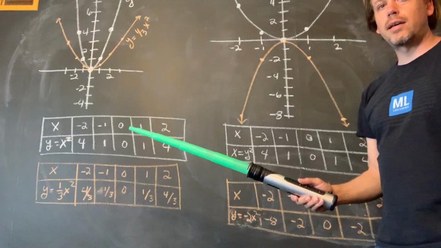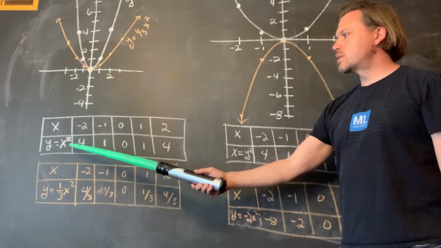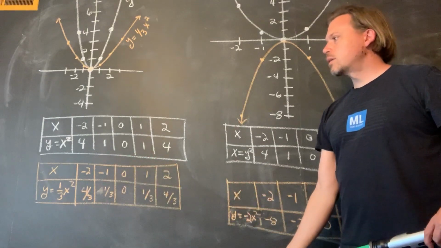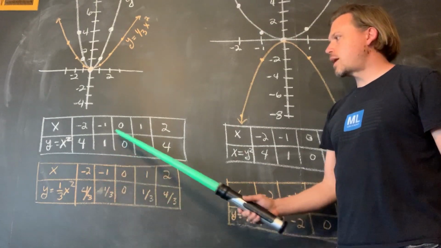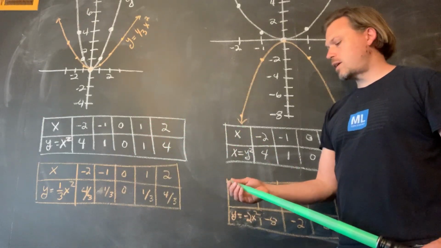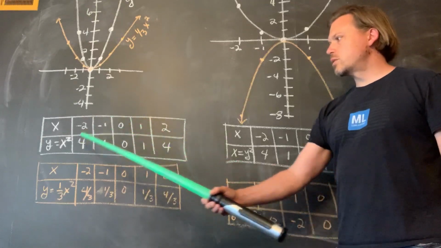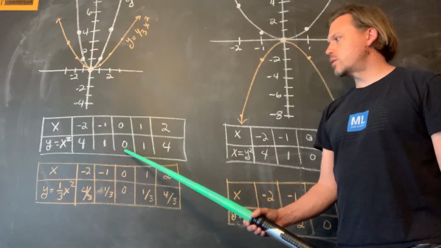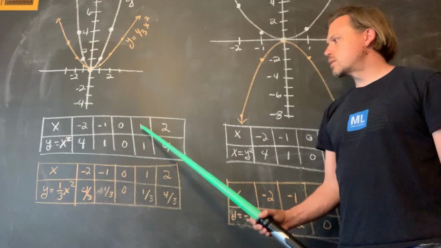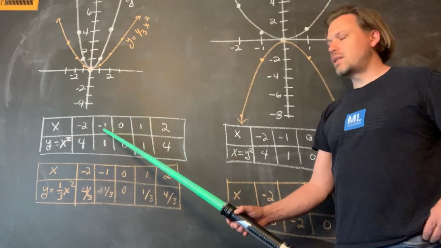Got a lightsaber here to help. Y equals x squared. Well, that one, I always start with these 5 points, just because it gives me an easy graph. If I plug in 0 to x squared, 0 squared is 0, 1 squared is 1, 2 squared is 4, but same again with the negative numbers.